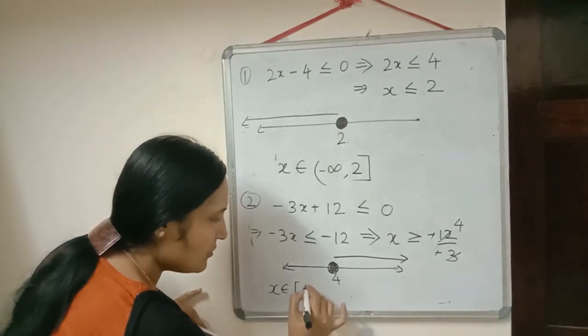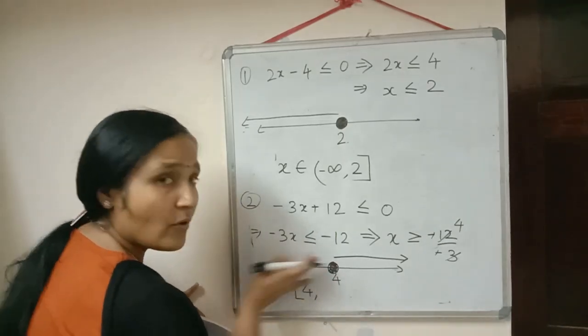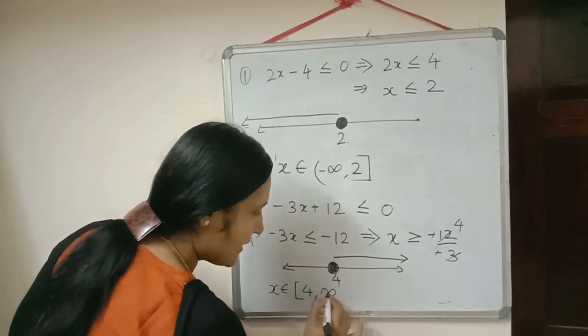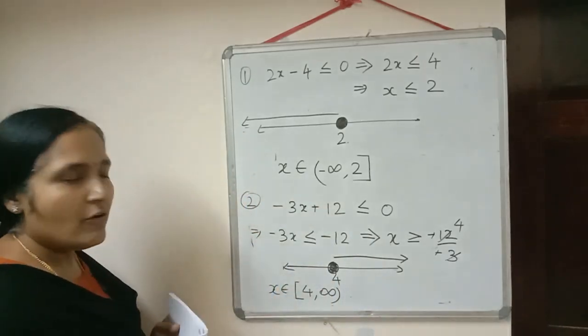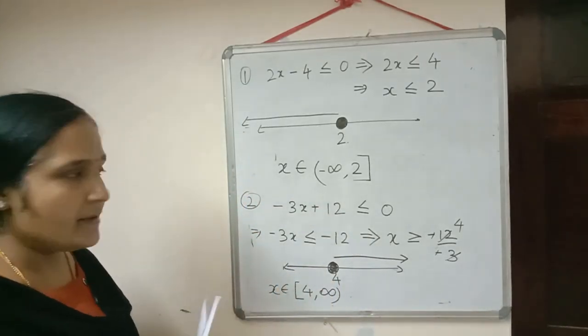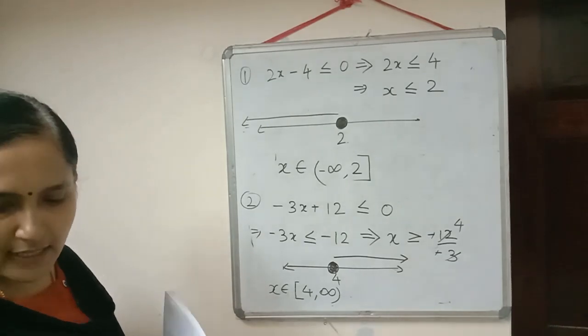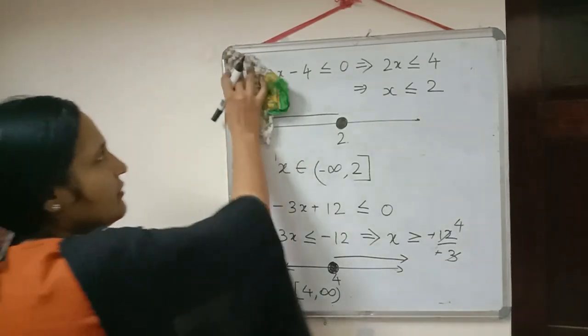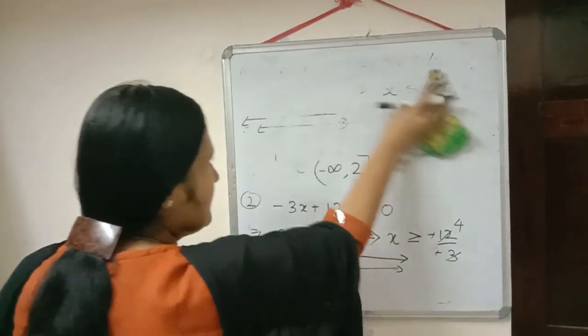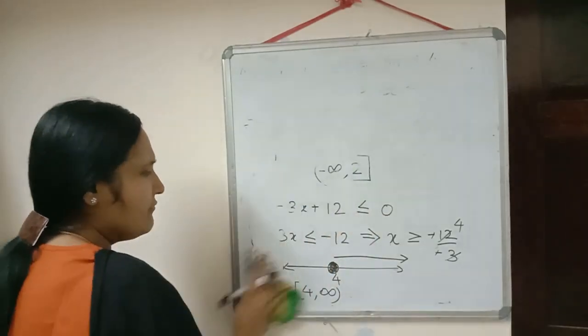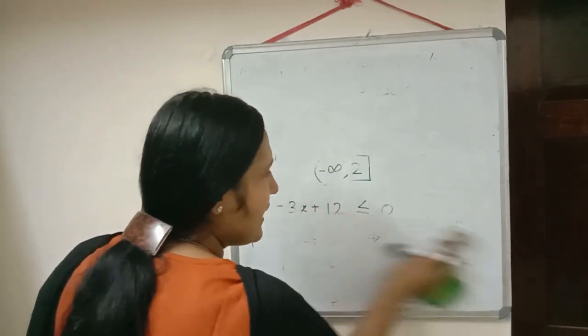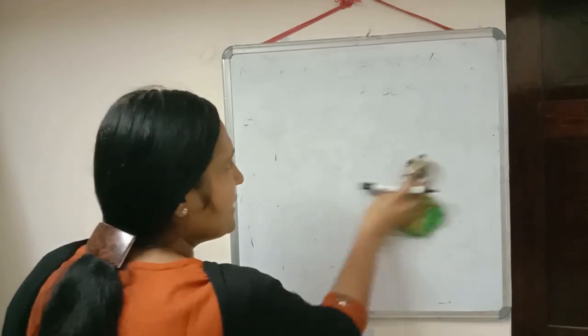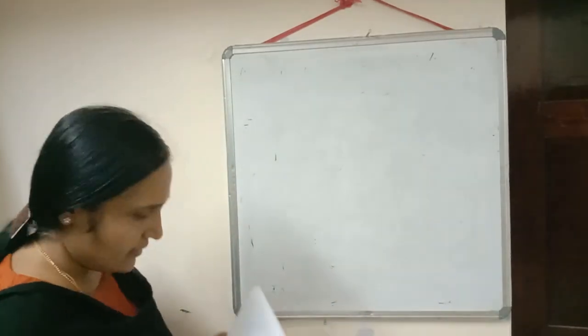X belongs to closed interval 4 to, moving to right hand side. Then it will be equal to 4 to infinity. So I hope these type of questions are clear. Okay. Now all of you write down the next one. So in this way, first you just draw the number line, then it will be easy for you to write down the real solution. Write down.